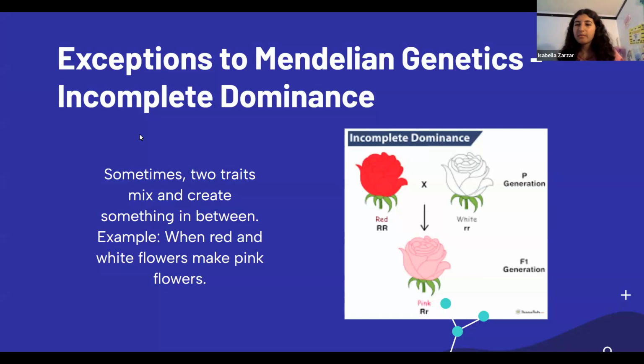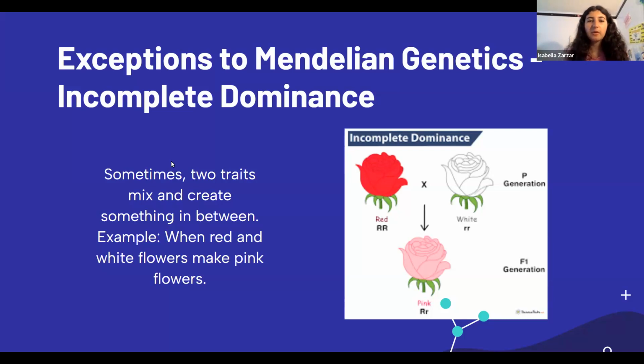Maybe their kid will have a hair color somewhere in between, like light brown, but it won't be either black or blonde. So that's an example of incomplete dominance. Does that make sense? It's where both of the traits mix together. Neither of them shows up, but they both mix.